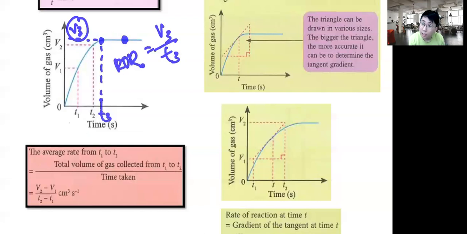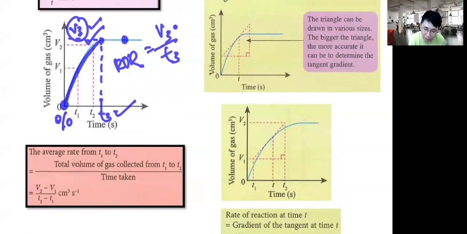Because supposedly, to find the range of the whole reaction, it is Y2 minus Y1 over X2 minus X1, right? But here the initial point is actually 0, meaning Y1 is 0 and X1 is also 0.